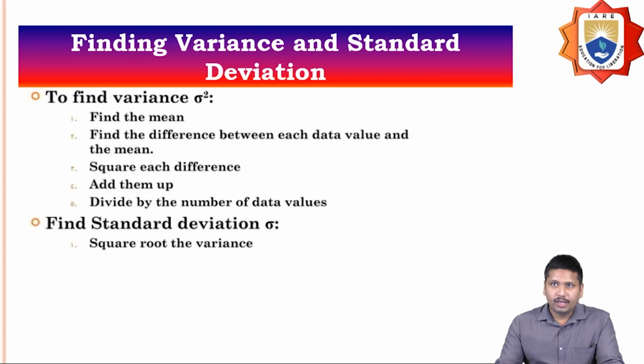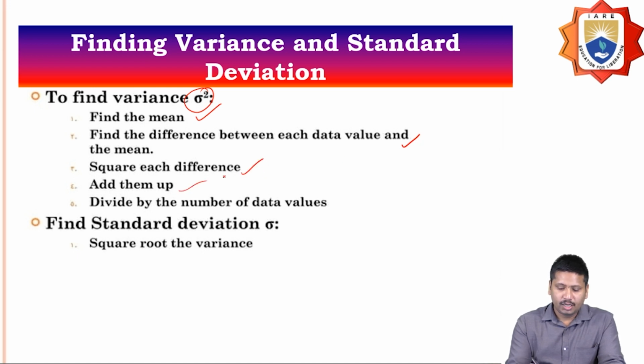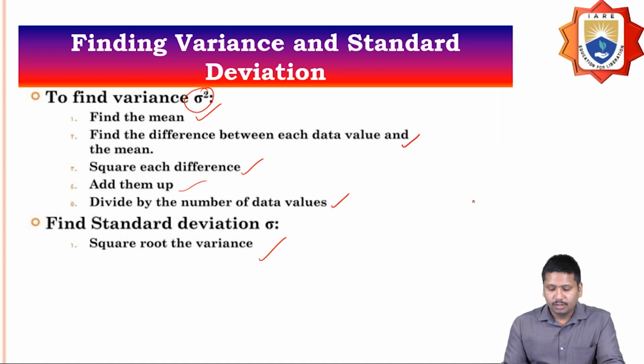For variance, first find the mean, then the difference between each data value and the mean, square each difference, add them up, and then divide by the number of data values. If we apply the square root to the variance, we get the standard deviation.